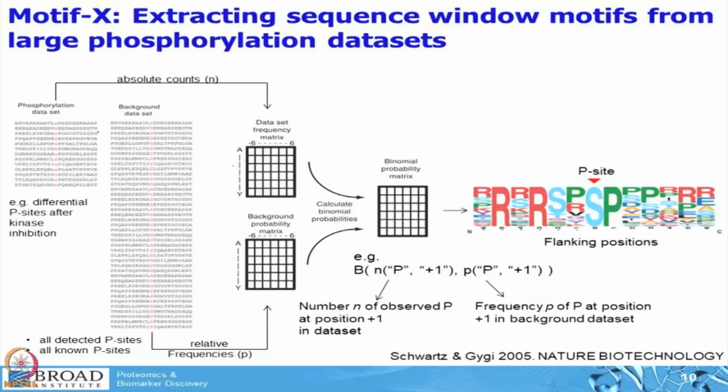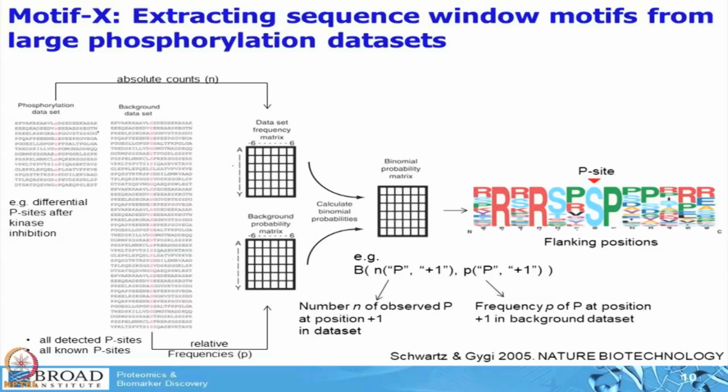And this is exactly what MotifX does. It builds up these 2 matrices. One is derived from your actual phosphosites of interest, and the other is derived from your background data set. From that, you can then calculate a binomial probability matrix, where for each position in your sequence window and for each amino acid, you ask the question, for example, how many times do you observe a proline at position +1 in your data set?